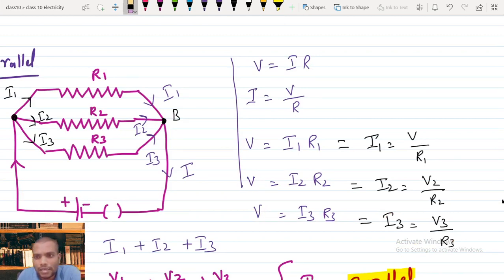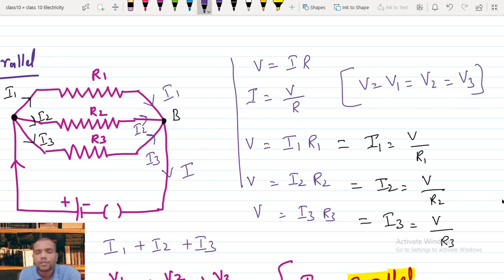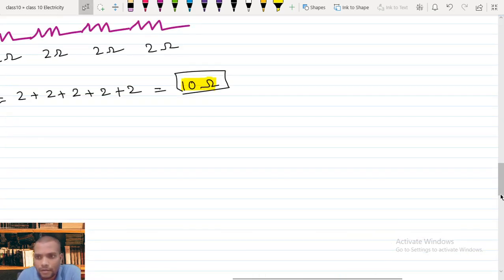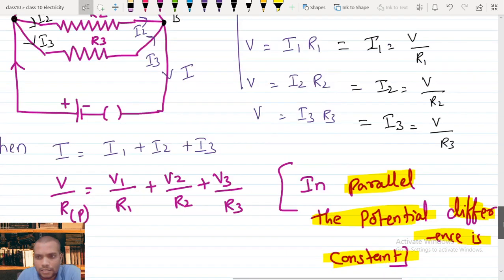Or you can take this as a note: potential V is constant, V1 equals V2 equals V3, since it is a parallel connection. I hope you do not get confused here.